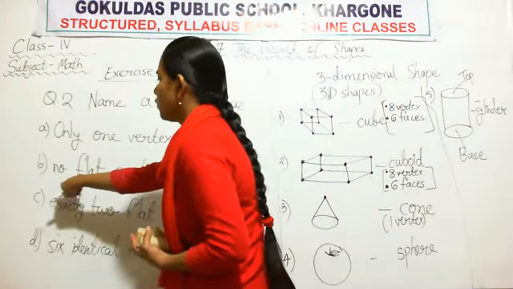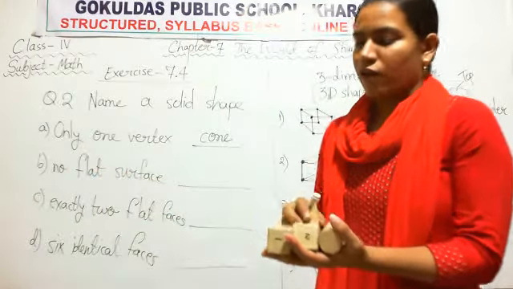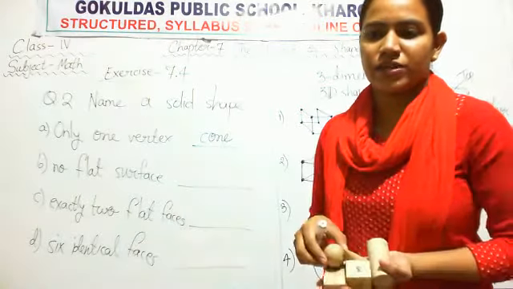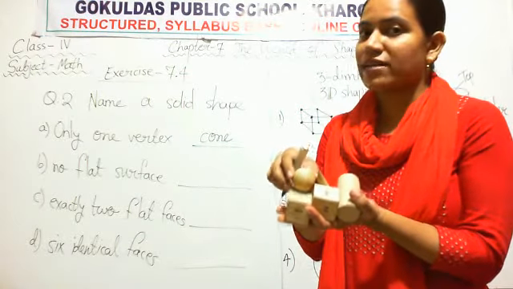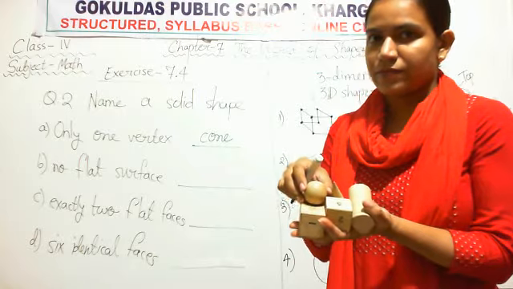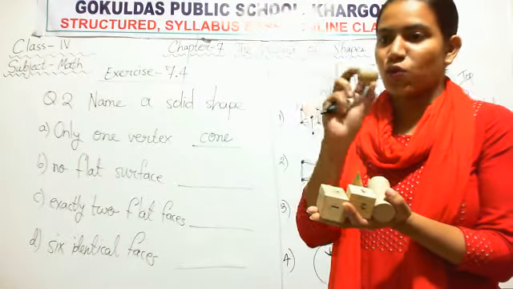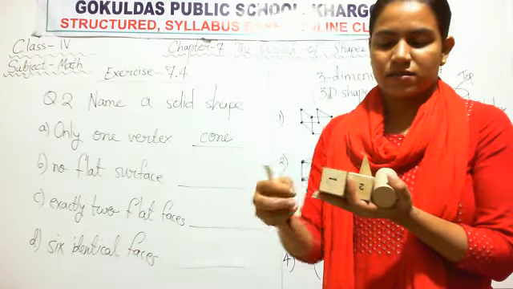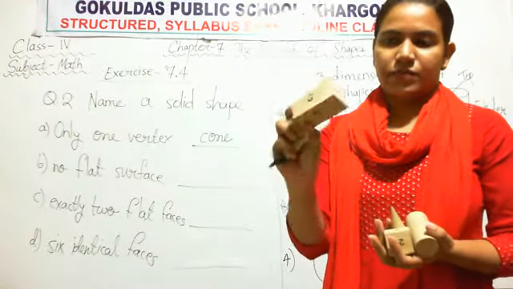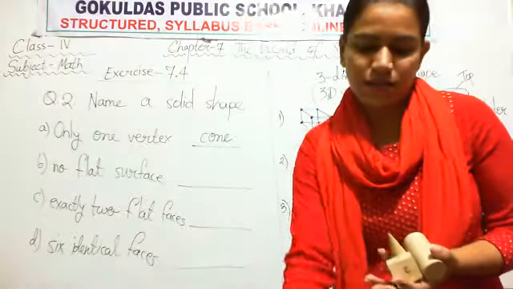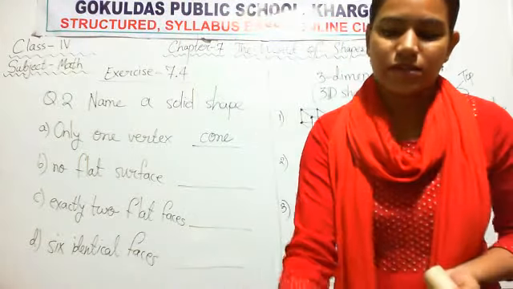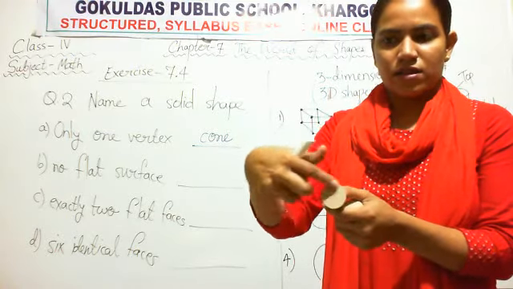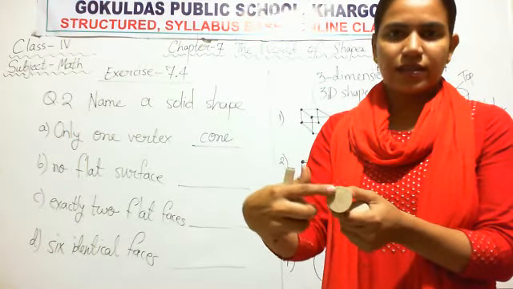Now, B, no flat surface. Which solid shape has no flat surface? I have these solid shapes. Now, tell me, which has no flat surface? Sphere. Sphere has no flat surface. See, cuboid is made up of flat surfaces. Cube is made up of flat surfaces. Here in cone we have one flat surface which is circular in shape, right?